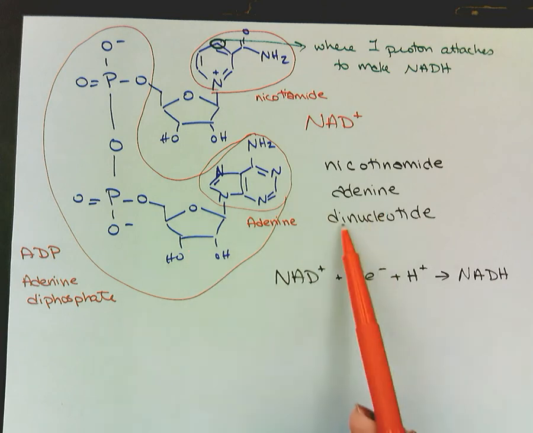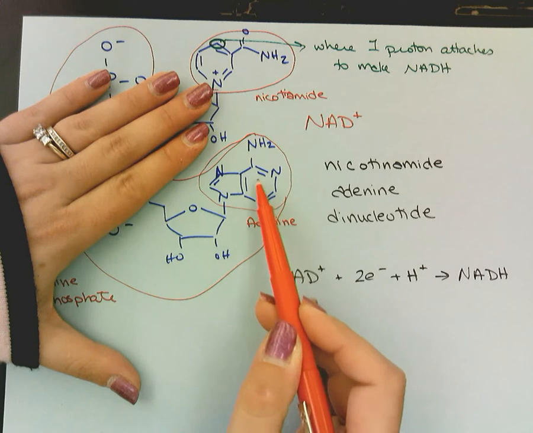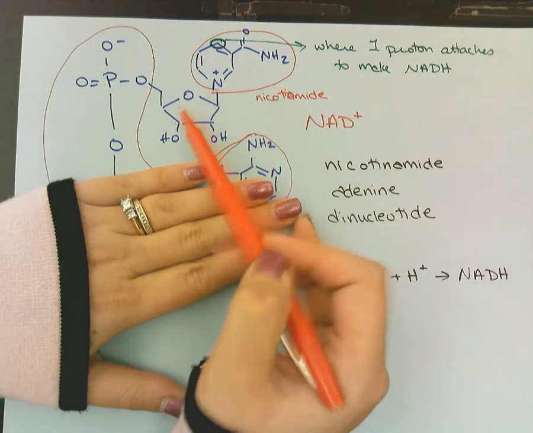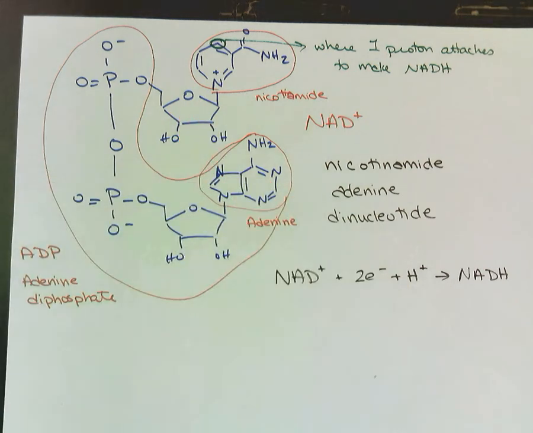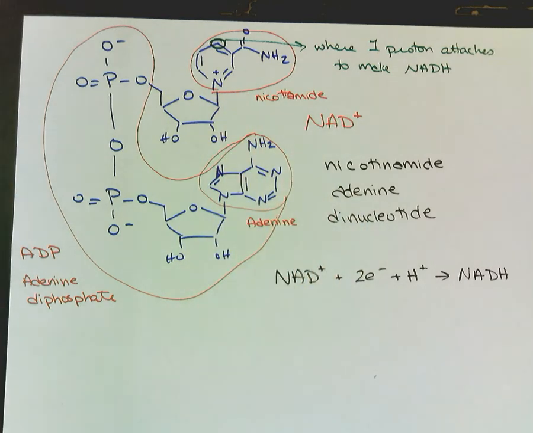So the dinucleotide means I could divide it up this way. Adenine attached to a sugar is a nucleotide, then nicotinamide attached to a sugar is a nucleotide. The adenine one is used in DNA, the nicotinamide is only used in this molecule.